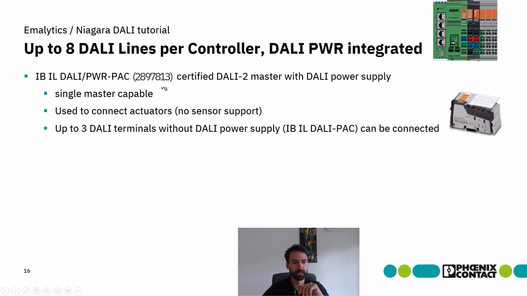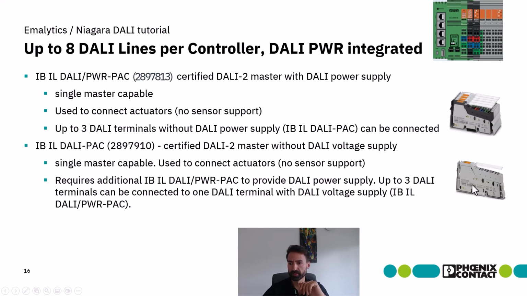But we can connect up to 3 more of those small modules which use the power supply of the first Power Pack module. And this small module is called IBIL DALI Pack module. So those 2 are not able to implement DALI 2 sensors, but DALI 2 actors.